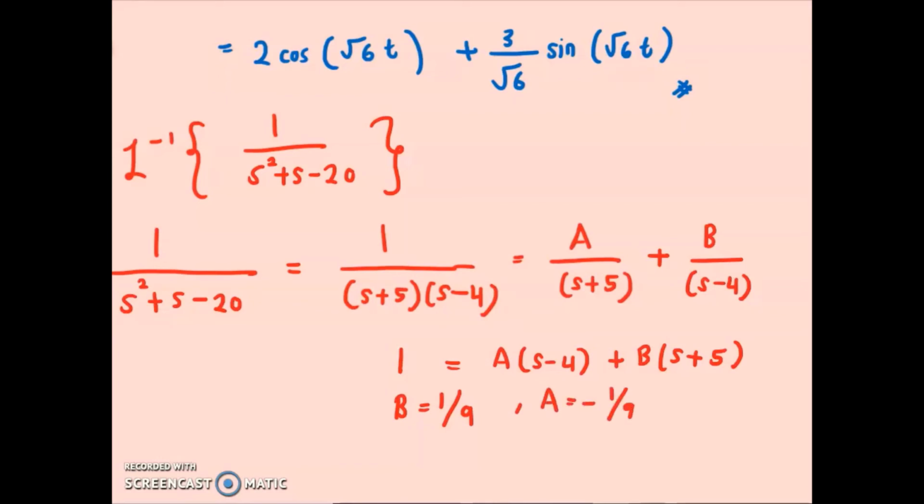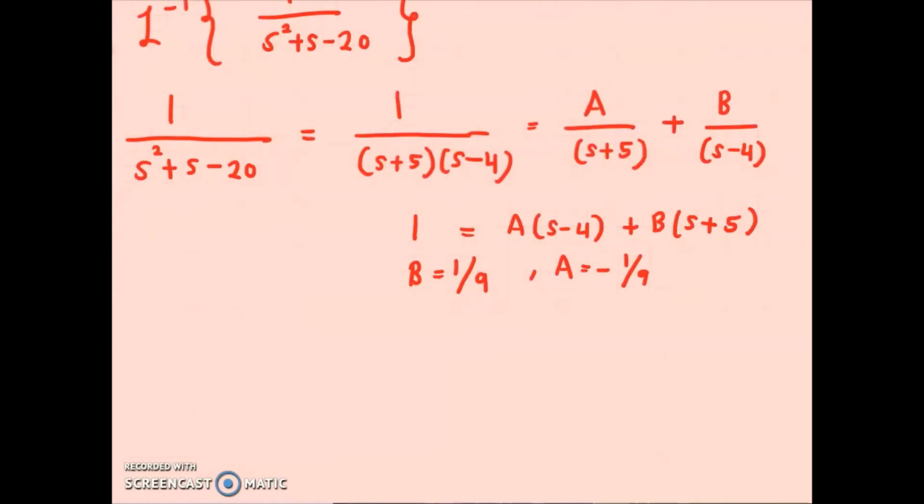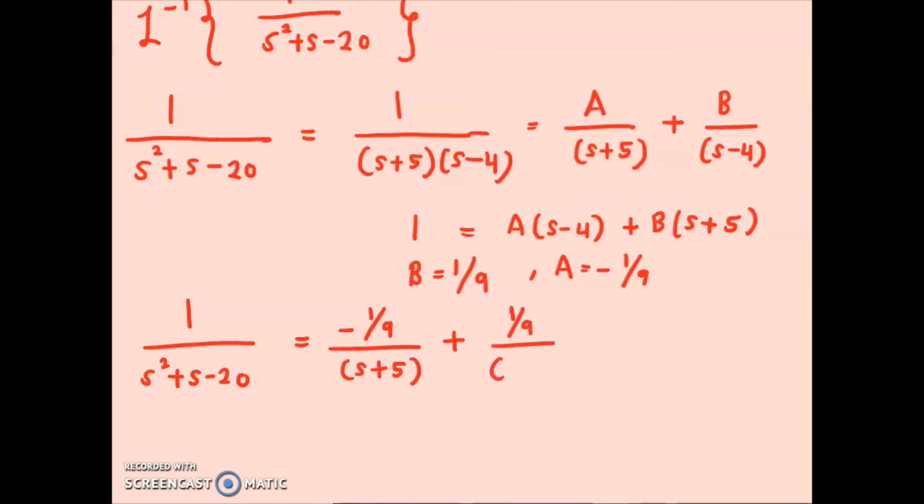Okay, so now we can have this form: 1 over s squared plus s minus 20 equals A over s plus 5, which is negative 1 over 9 over s plus 5, plus B over s minus 4, B is 1 over 9 over s minus 4.